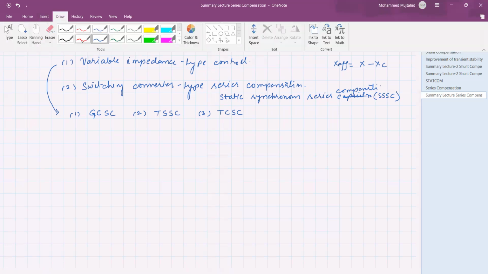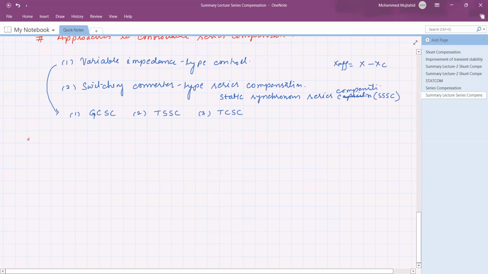Now we'll discuss the first one, the GTO, the gate turn off thyristor controlled series capacitor, that is GCSC.